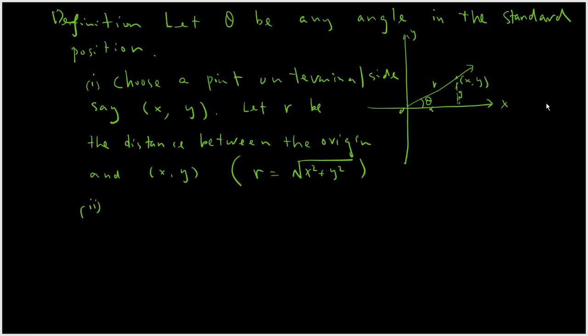Now we are ready to define all the trig values. Let's start with sine of theta. Do you want to recall it's defined in terms of SOHCAHTOA as opposite over hypotenuse? In this little picture, you can see it's defined as y over r, right?